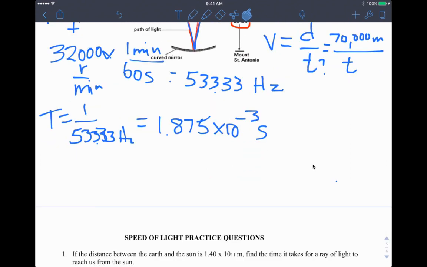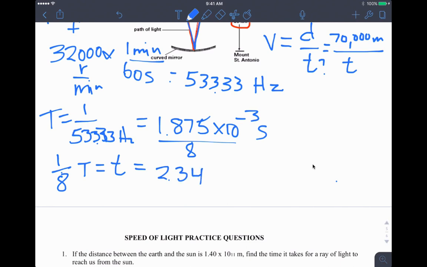So then all we have to do is take that time, and I like writing it like this. I'll say 1/8 of the period is equal to the time. Remember, period is big T, is equal to the time elapsed, or the time that we need. So we basically divide this by 8, and we get even a smaller number, 2.34 times 10 to the -4 seconds. And you shouldn't round any of these till you're all done.